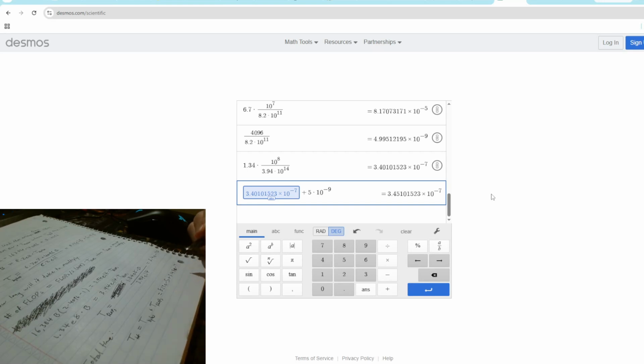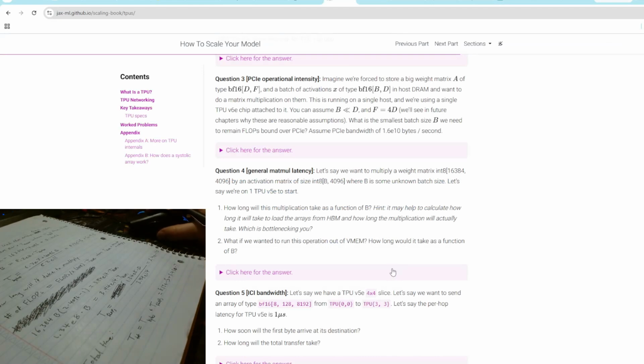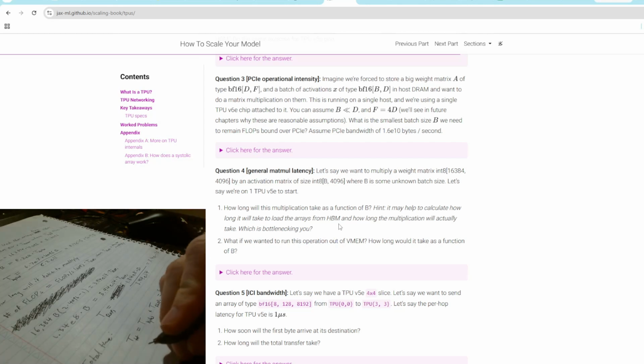I can fix that manually for the LaTeX scanner. Alright. Which is bottlenecking you? I want to say for small b, bytes, and for large b, flops.